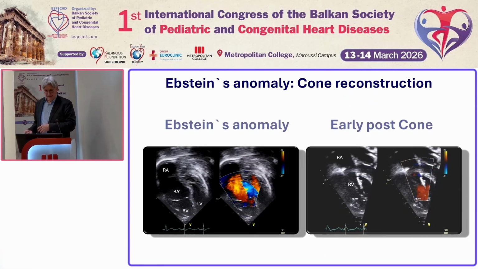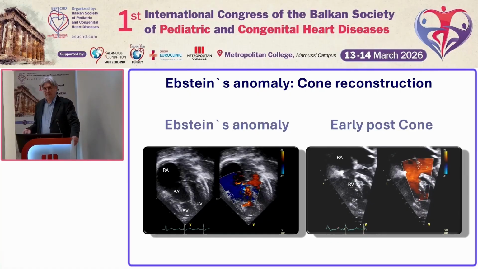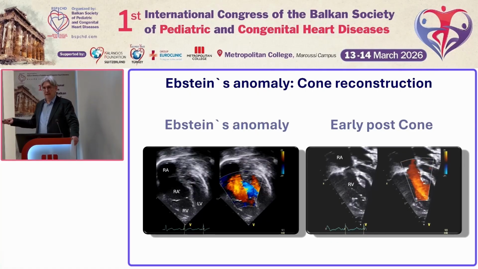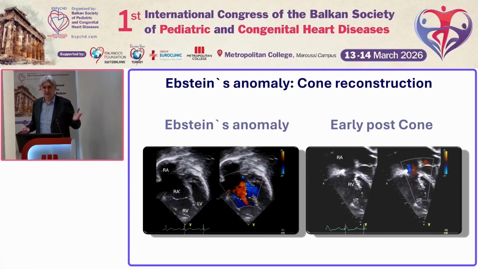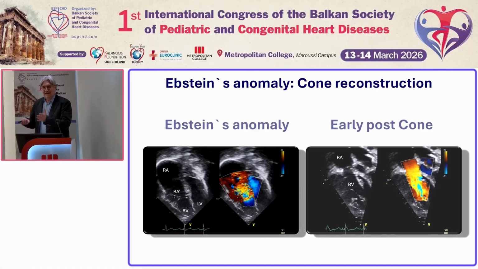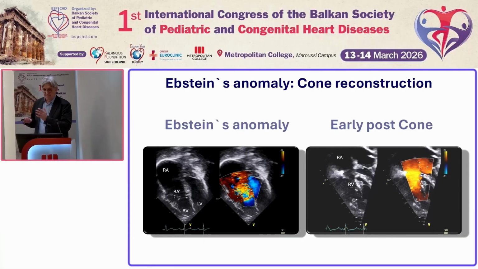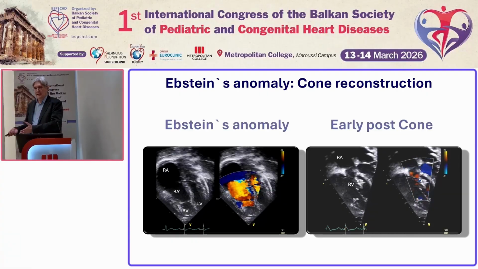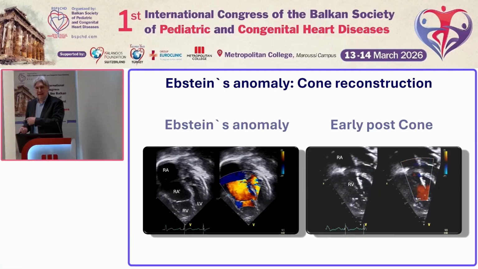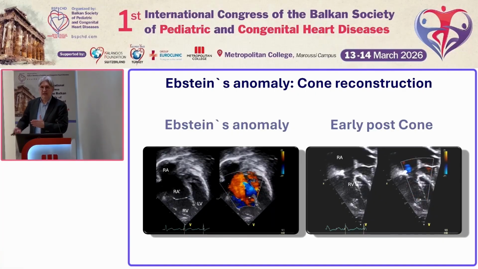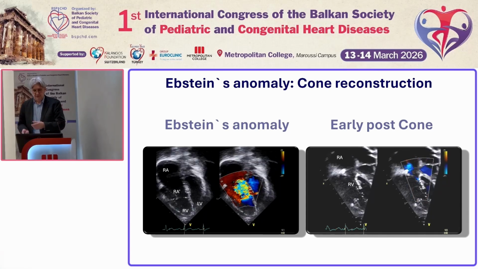But what you look at when you do the cone, and that's something we were all very surprised by, is that the right ventricle is almost crushed. You do perfect surgery, but the right ventricle is not working, it's not contracting. So the idea is that the ventricle, which was exposed to high preload, we eliminate the preload and we increase the afterload for the myocardium, which is not prepared to do the work.